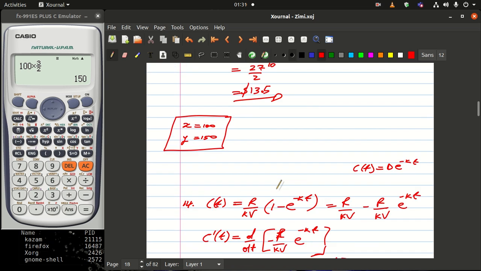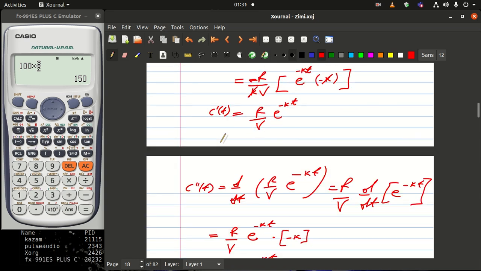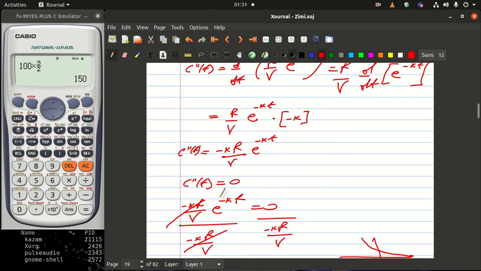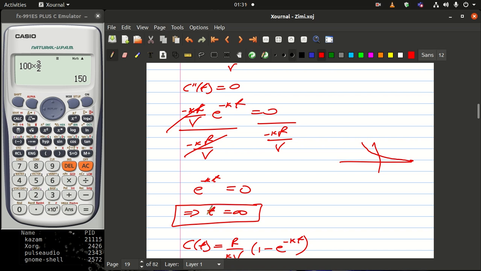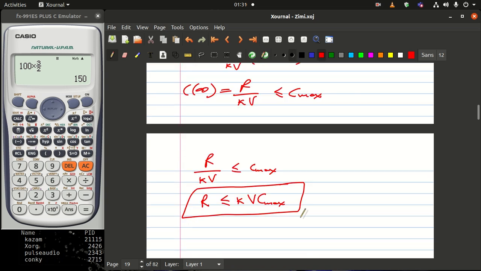This question is not hard. You just have to realize that the rate of increase is the first derivative, and it is going to be max when its derivative, the second derivative, is equal to 0. This only happens if t is infinity. Then if t is infinity, you get that concentration, and it is less than Cmax.